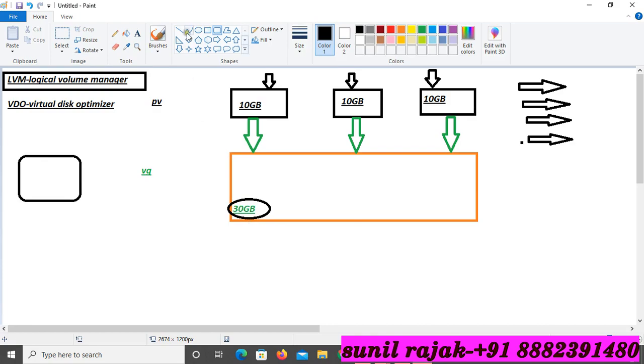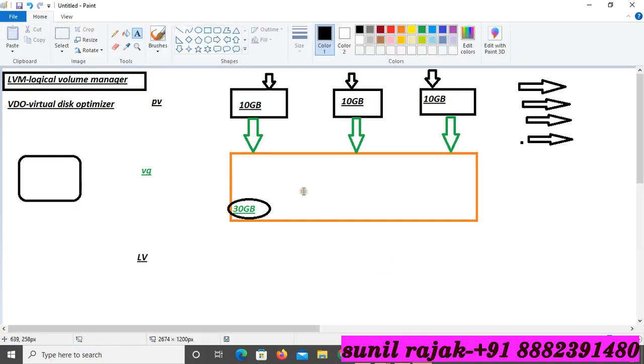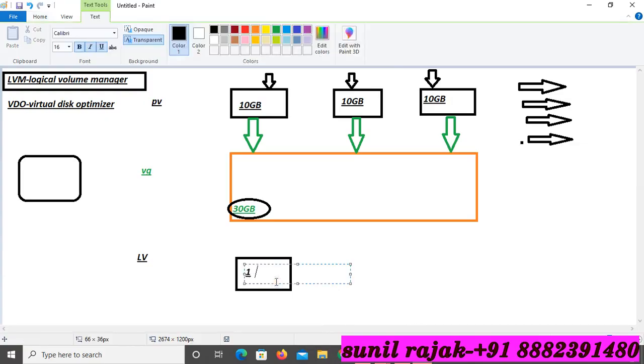Now come to the point, friends. With the help of this volume group, I will assign logical volumes. You know logical volume? Suppose here one department is the IT department, and this department wants space, for example 11 GB.